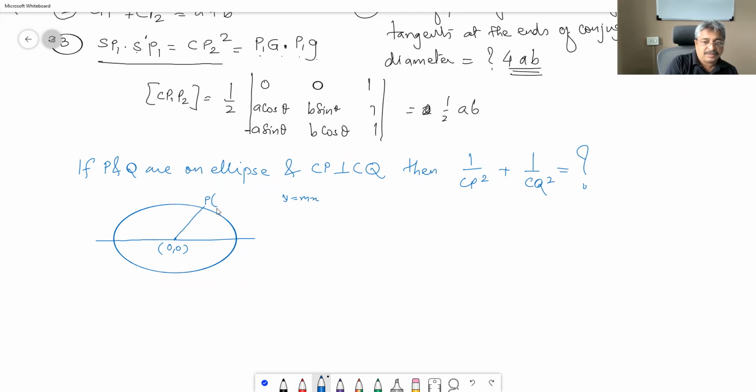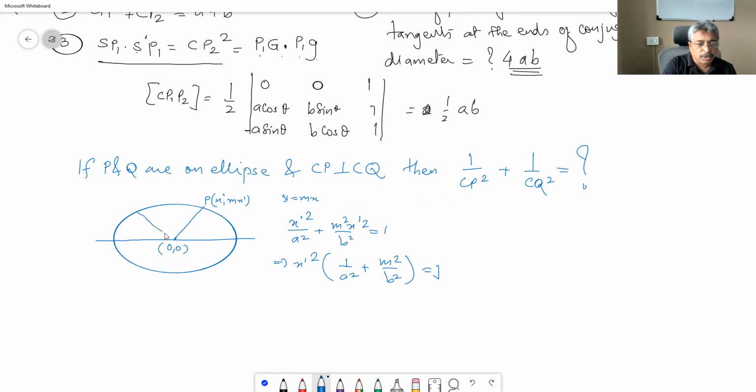Then x dash comma mx dash is a point on that line CP, so we have x dash square upon a square plus m square x dash square upon b square is equal to 1, which means x dash square inside bracket 1 upon a square plus m square upon b square is equal to 1. This is one relationship we have.